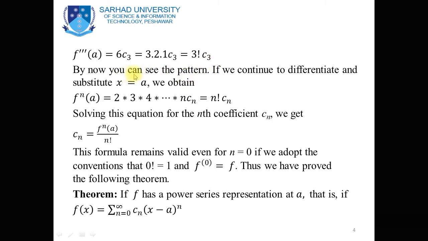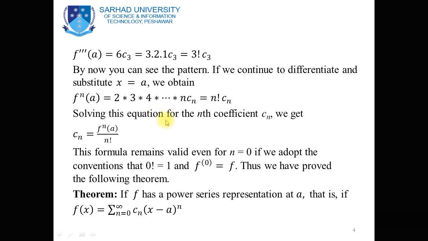By now we can see the pattern. If we continue the differentiation and substitute x is equal to a, we obtain the n time derivative of the function at x is equal to a will be equal to 2 dot 3 dot 4 dot and so on dot n dot cn, which is equal to n factorial multiplied by cn.